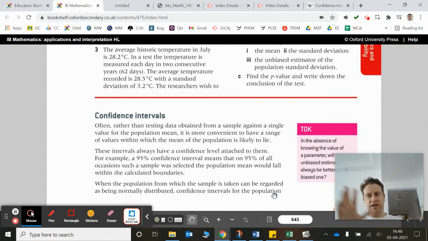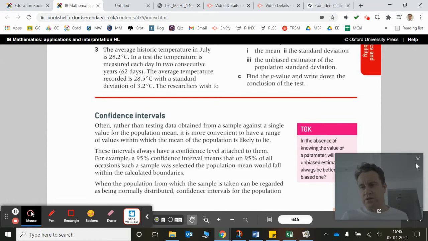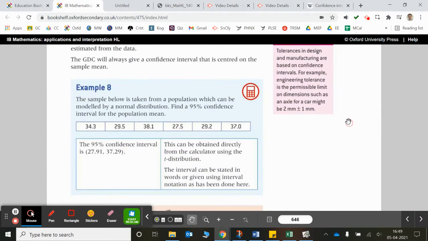So the IB, or at least this course, has decided it's more likely that you'd need to do this with a t distribution rather than a z distribution. So we're going to go straight to doing this on a calculator. On a calculator, you can't do an inverse t-distribution, so we just do the confidence interval straight away. So this is really short. Let's have a look at the example.